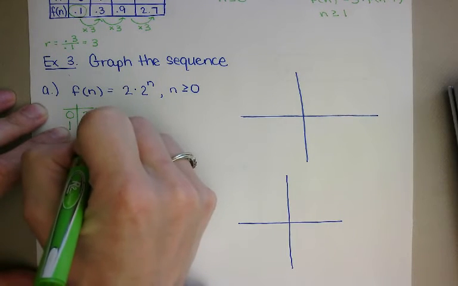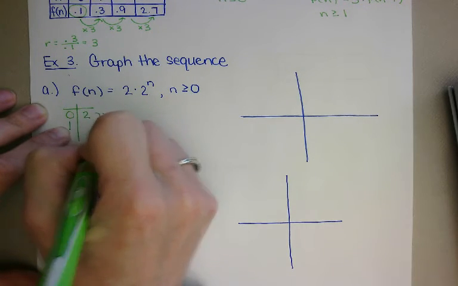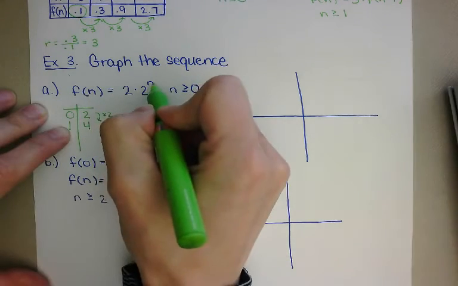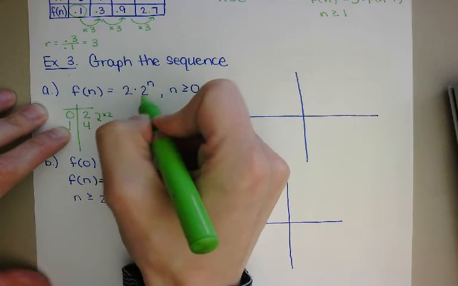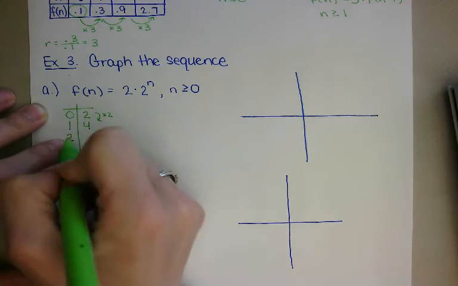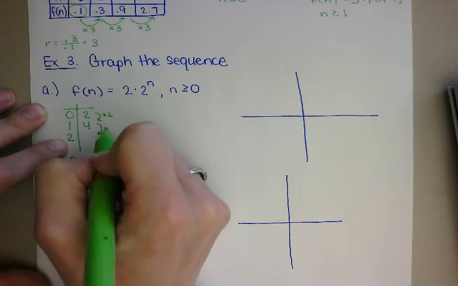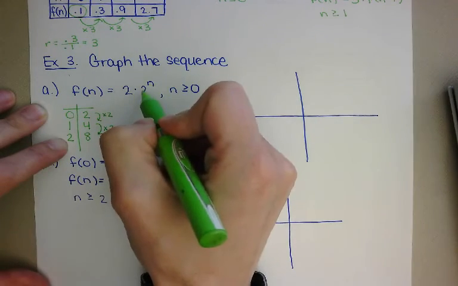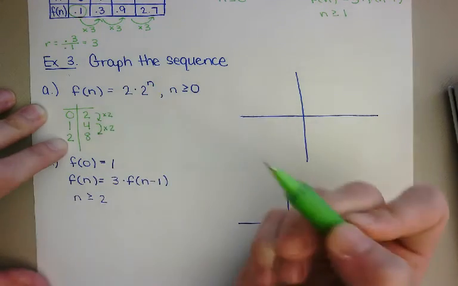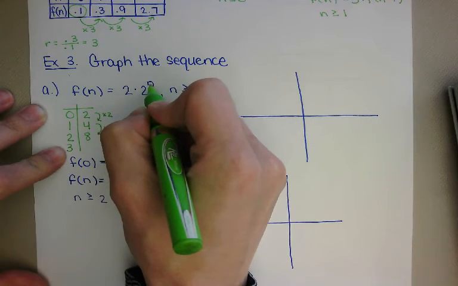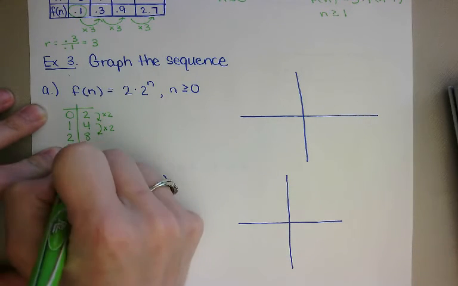So I'm going to take that times 2, and I'm going to get a 4. Or you could plug a 1 in there. 2 to the first is 2, and 2 times 2 is 4. Then for the next term, they're just multiplying by another 2, so you could just say 8. Or you could plug the 2 up there. 2 squared is 4 times 2 is 8. We could plug in a 3. So 2 cubed is 8 times 2 is 16.